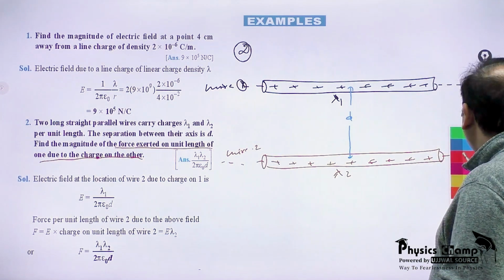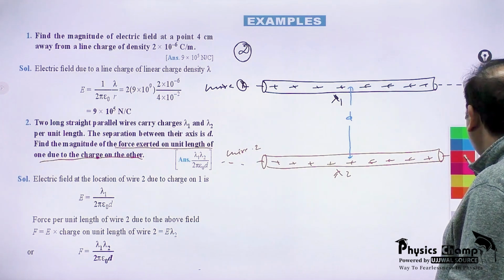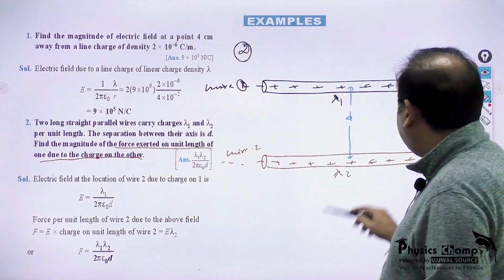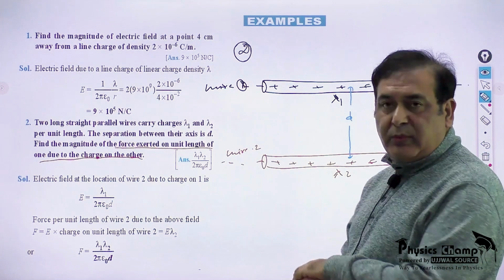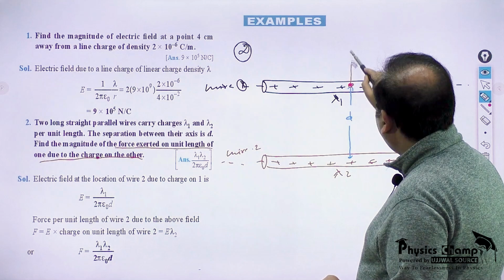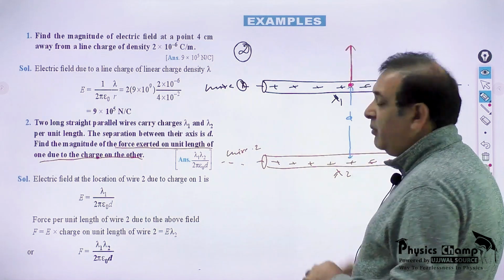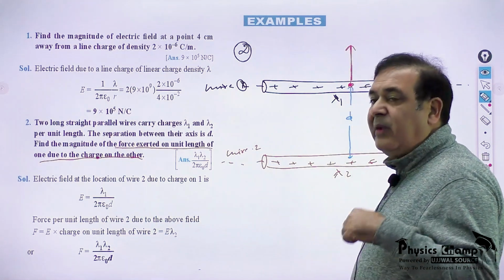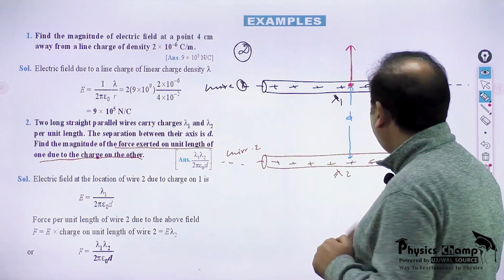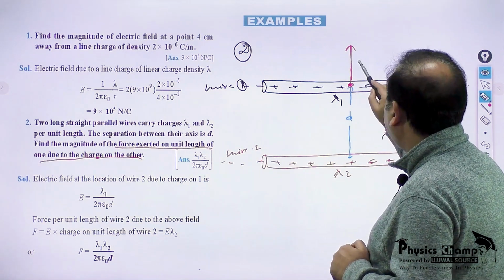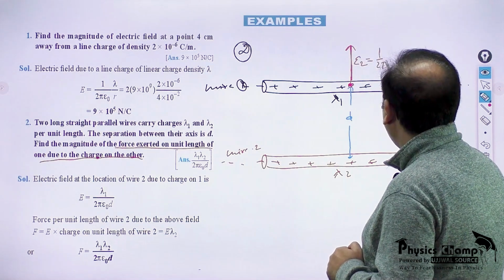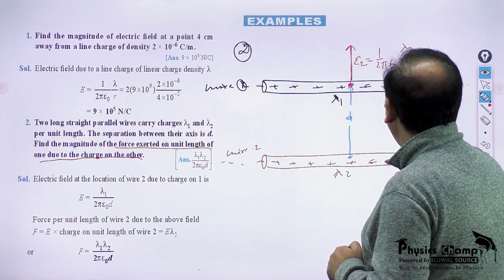So just imagine that over here I have a charge density lambda 2. In fact, no wire will have electric field on its own surface due to its own charge. So if somebody will provide electric field to wire 1, it is wire 2, and it will be 1 by 2 pi epsilon naught lambda 2 by d.